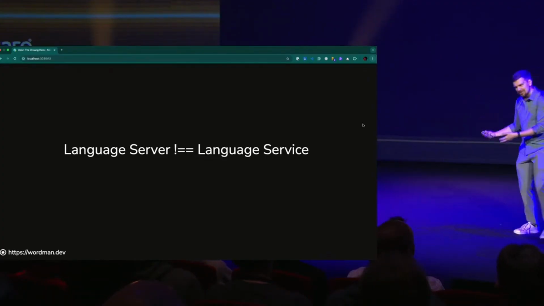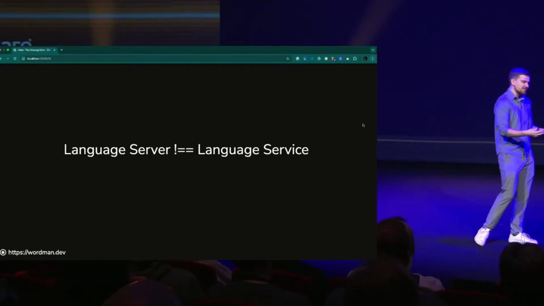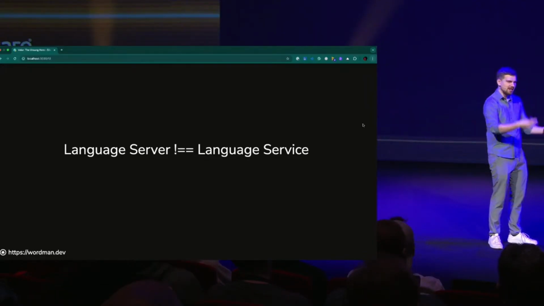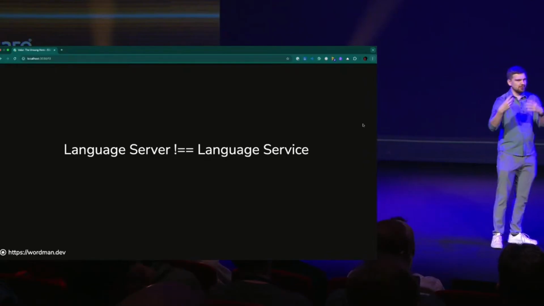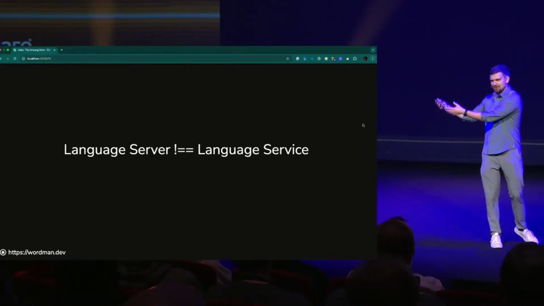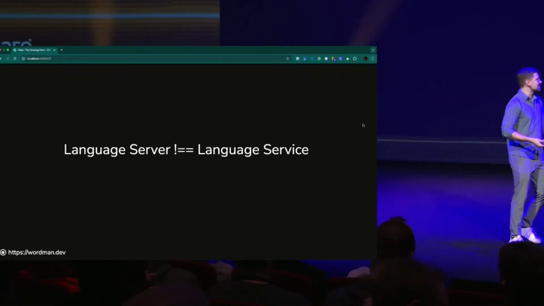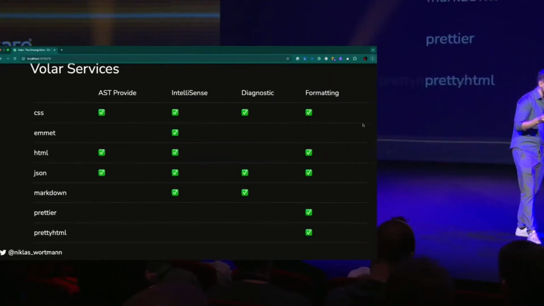And a language service is then an implementation for a certain language. So for instance, Volar ships a language service for HTML. The Vue language server uses the Vue language service to provide Vue support. I know it's complicated, and again, I'll probably mess this up, but that's theoretically how this interacts.